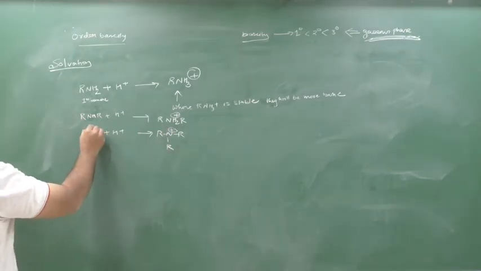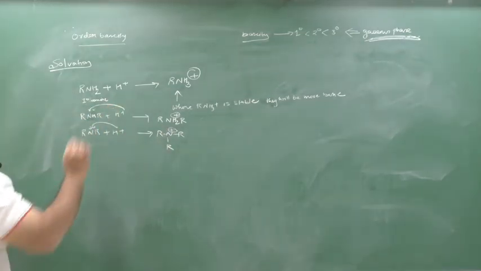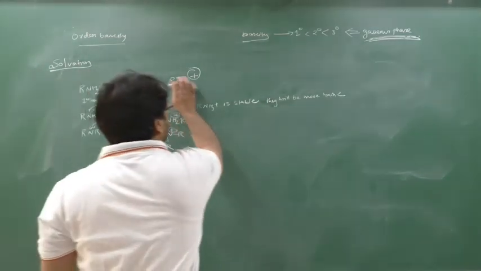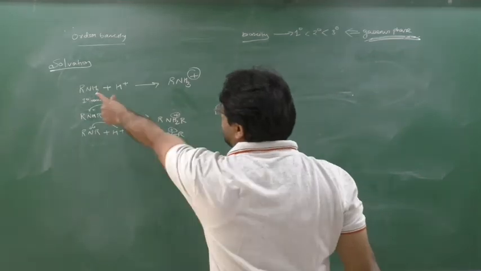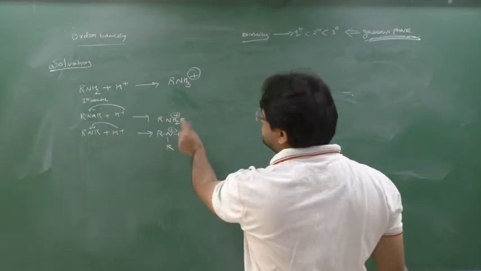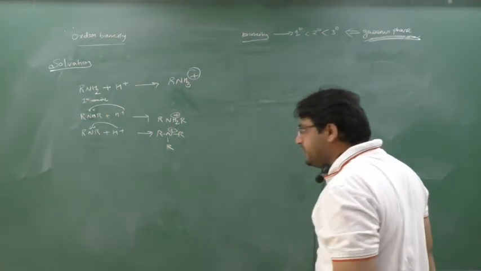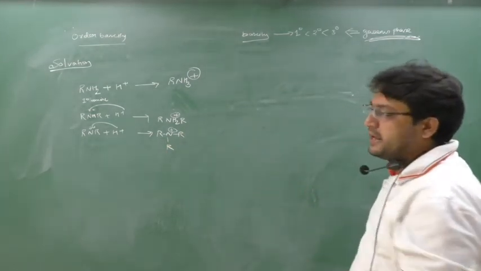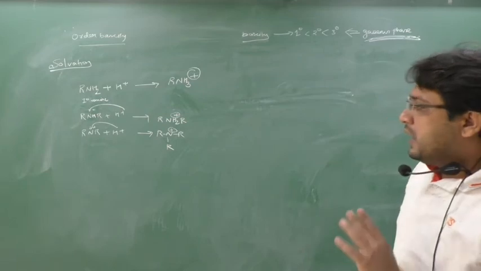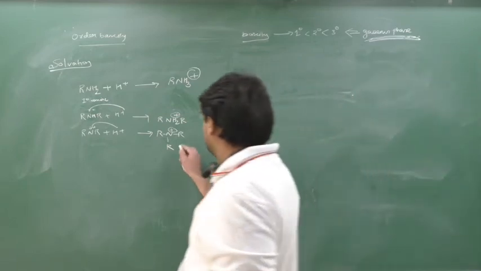Clear? Lone pair here, lone pair here. So RNH3 plus I got from the 1 degree amine, R2NH2 plus I got from the 2 degree amine, and R3NH plus I got from the 3 degree amine.